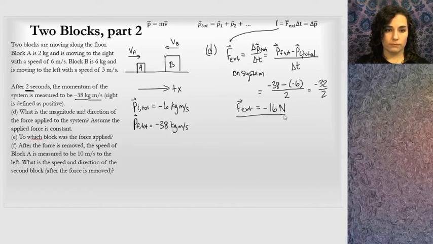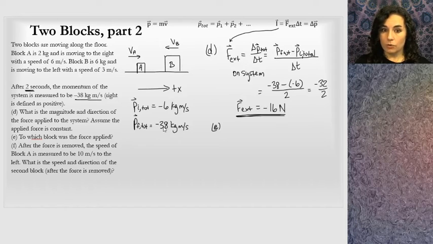It's a force. So there's the force applied on the system. Interesting. So where's that force being applied? It says, to which block was the force applied? Well, when I found this value, I was looking at the momentum of the total system.